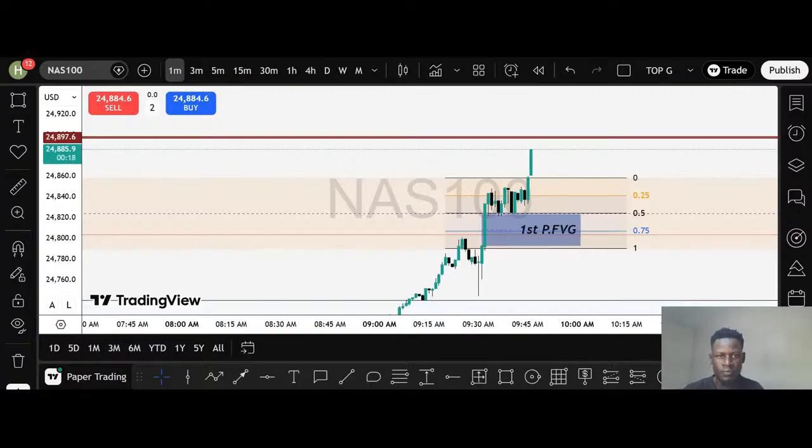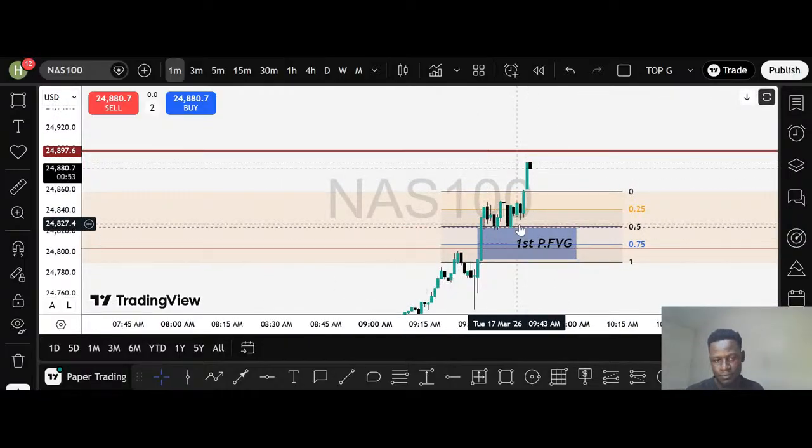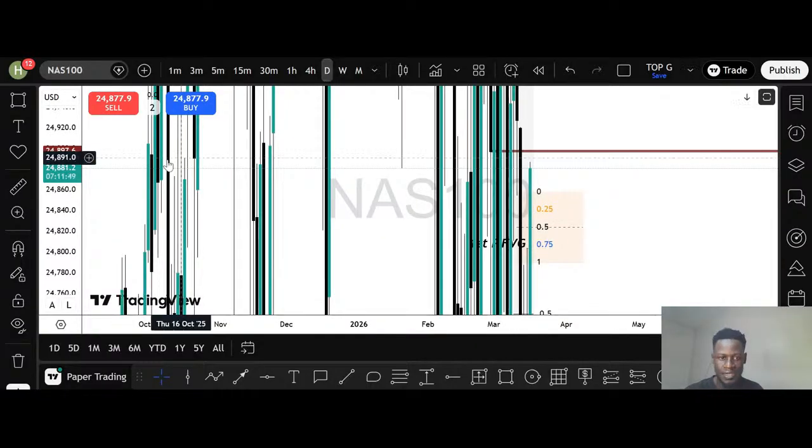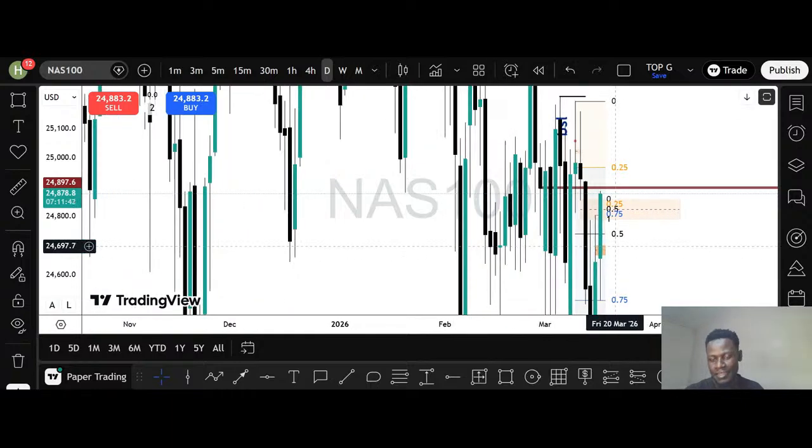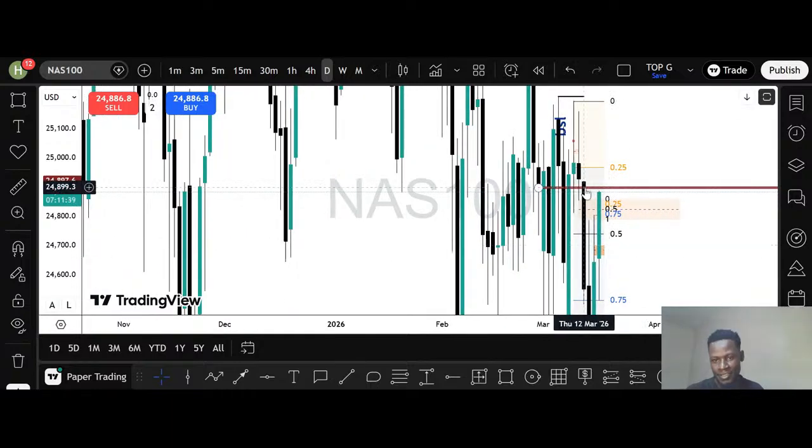So the first presented fair value gap holding price. So what's really above this? If you look at the daily time frame, what's really above here, I can see we're having this volume imbalance.